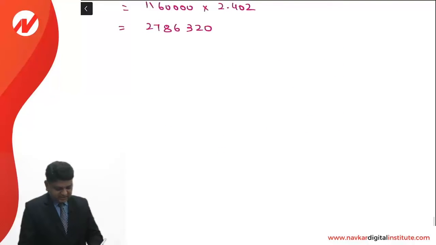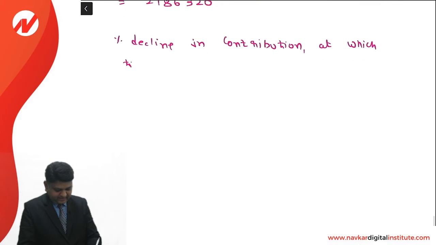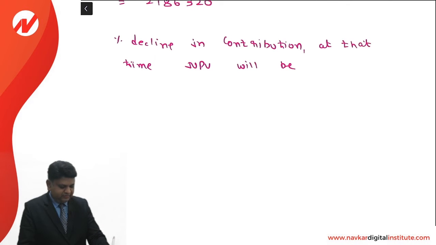So we understand that percentage decline in contribution, at which time NPV will be 0.